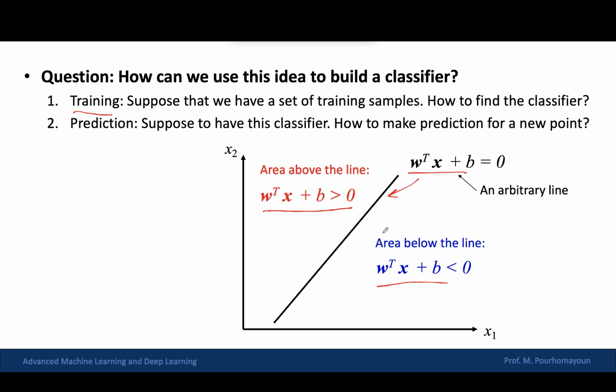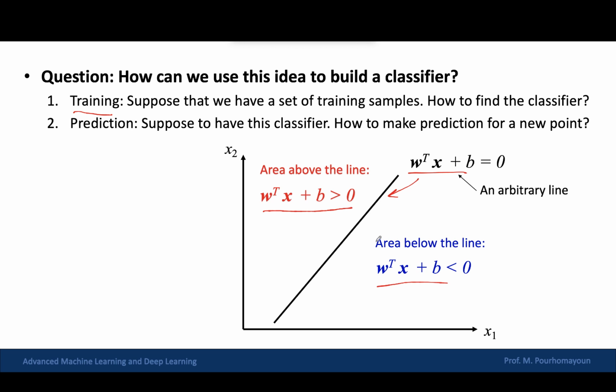If I do that and it works, it means that my classifier can classify those samples. So for any positive sample, if I put it here, this equation should be positive. For any negative sample, by negative I mean negative label, it can be rainy, for example, or whatever you want to predict.